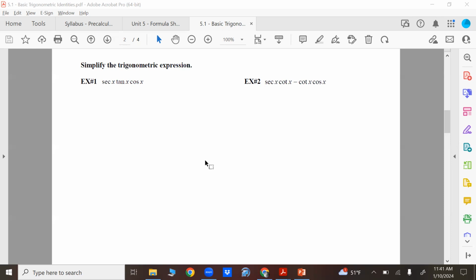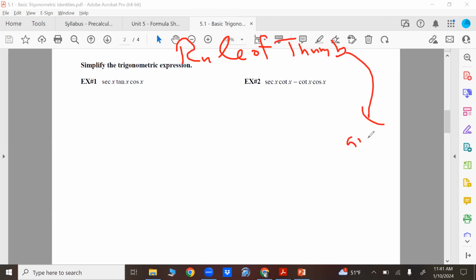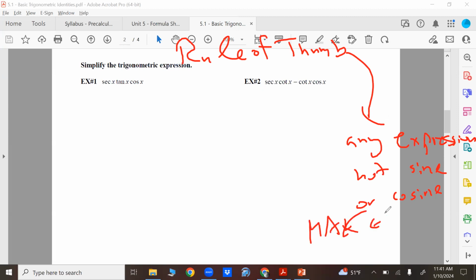So you're asked to simplify. One rule of thumb: any expression that is not sine or cosine, make it sine or cosine.